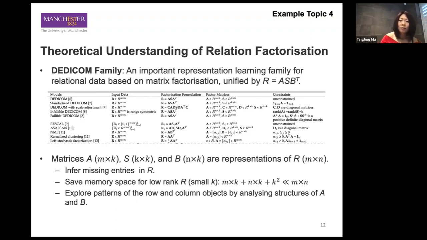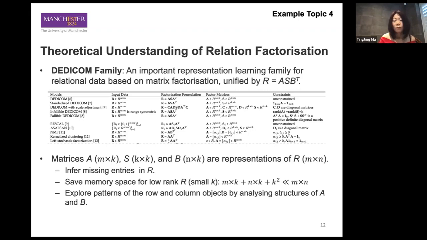This family works based on three-way matrix factorization. Basically, you are given a relation matrix R, and you decompose it into the product of three matrices, A S B. We call these three matrices A, S, and B representations of the relation matrix.